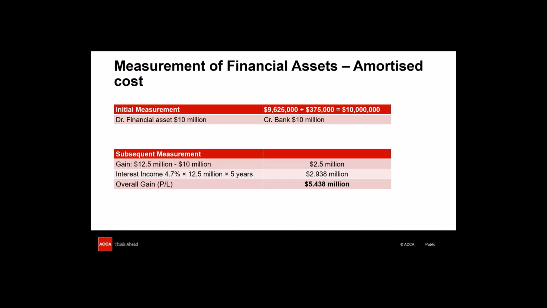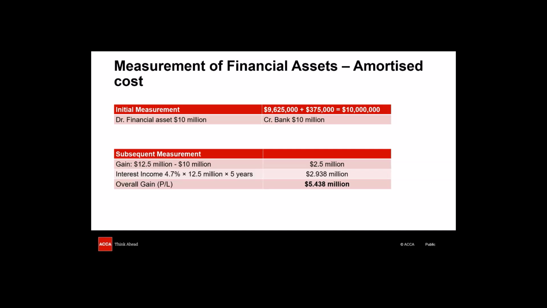Other than that, the holder is going to earn interest income also. This is 4.7% on 12.5 million, for 5 years. So the total amount comes up to approximately 2.938 million, which means that the overall gain for the holder which is going to be charged in P&L is 5.438 million.